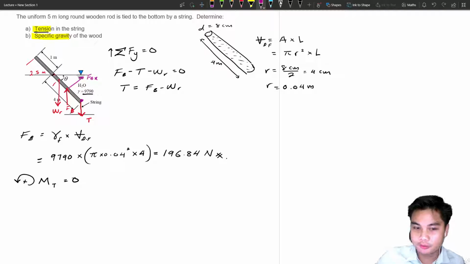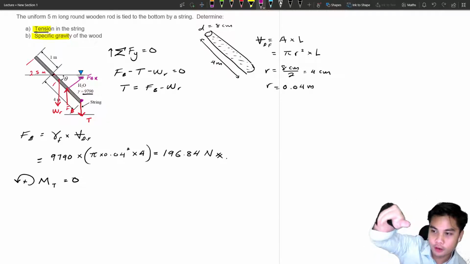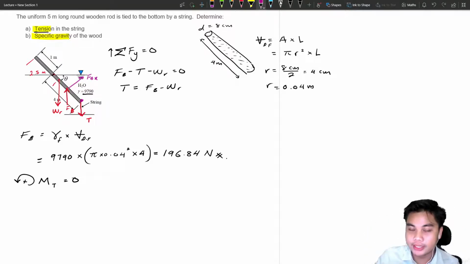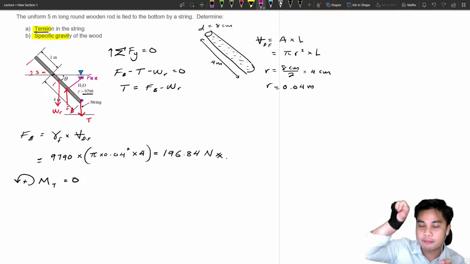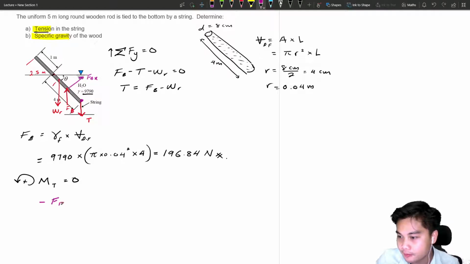From here to here, what's the value? It is 2 meters, because this here is 4 meters, divided by 2 is 2 meters. Try using your right hand rule and follow your FB. It is anti-clockwise. Sorry, it is clockwise, your thumb facing into the page. So it is negative FB.